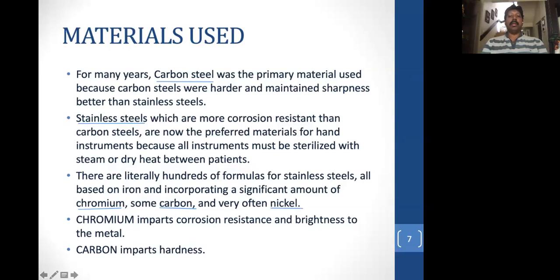This is how the instrument material evolved. Nowadays, because of the addition of chromium, corrosion resistance has been achieved.